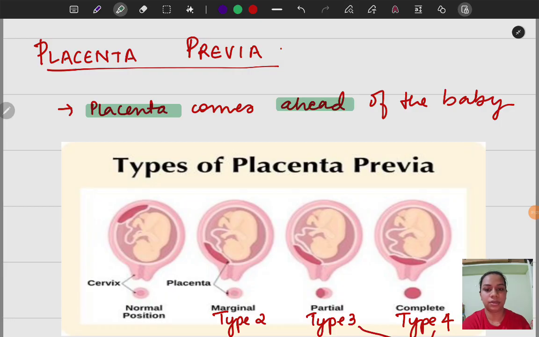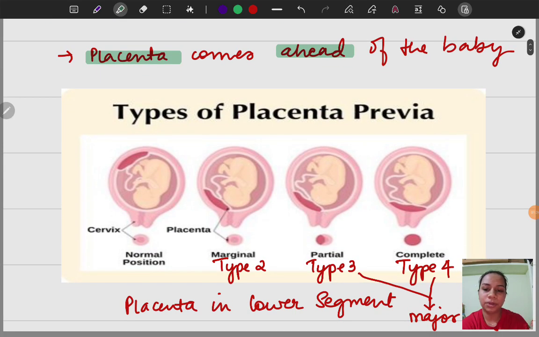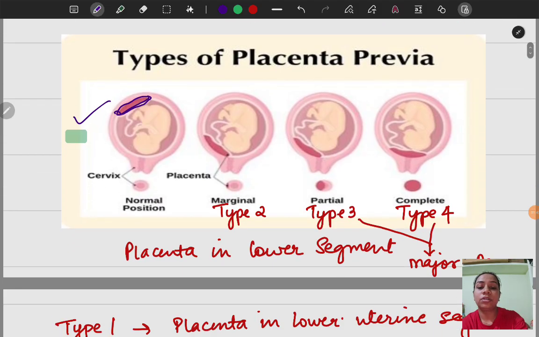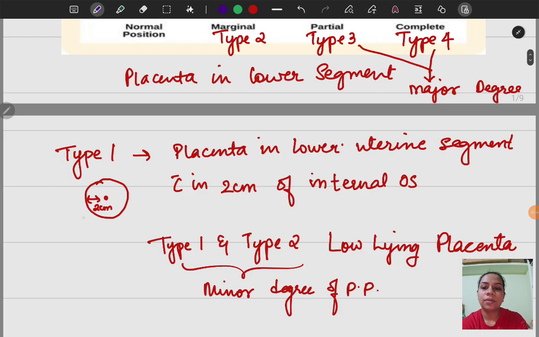Previa means first. So you can see in this picture there are 4 types of placenta previa. So this first one is the normal position of the placenta, where the placenta is situated on the upper segment of the uterus. So next picture, the type 1 is what? This is the internal os, okay.